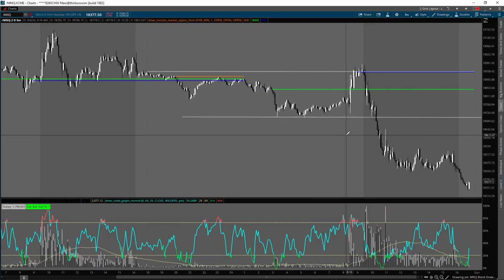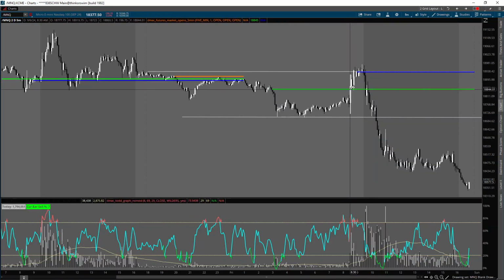Well, if you subscribe to the idea that a level below is support or demand until proven otherwise, and a level above is supply or resistance until proven otherwise, then you are looking to take a trade off of those levels.